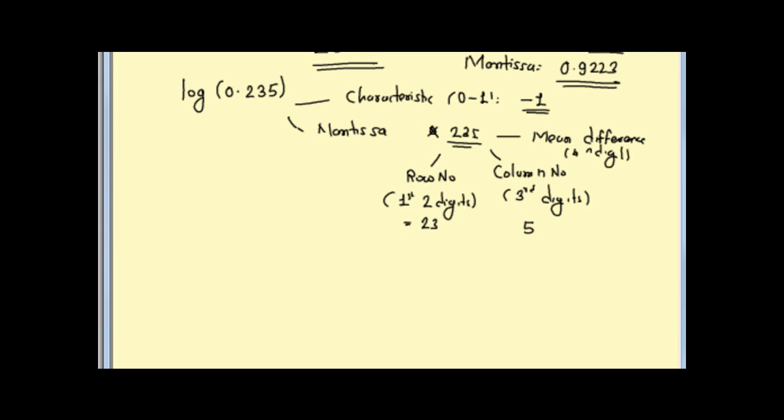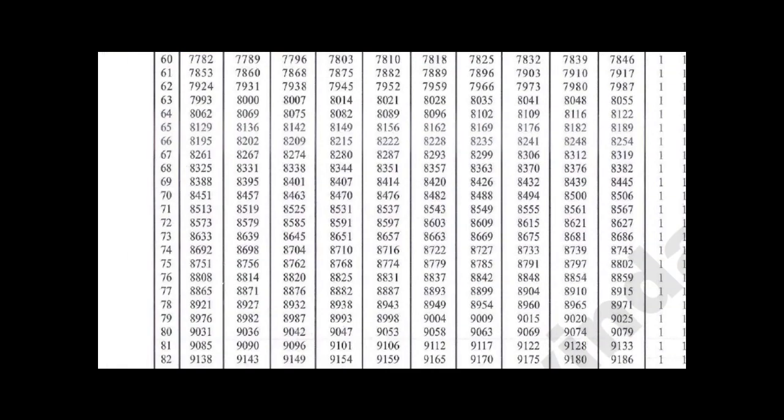Here since we don't have any fourth digit, we will not look at any mean difference. So we'll go and look in row number 23 and column number 5.